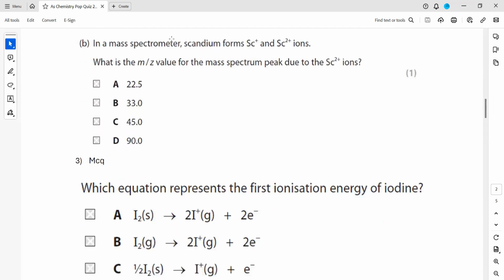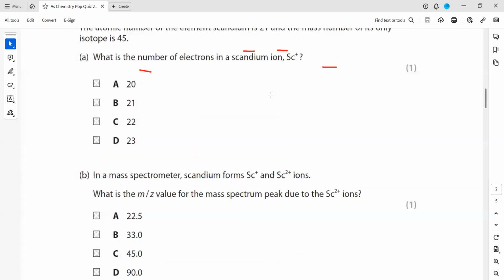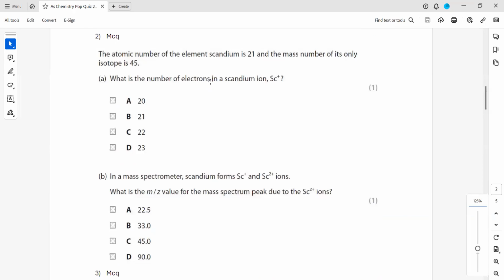In a mass spectrum of scandium +1 and +2 ions, what is the mass to charge ratio value due to the scandium +2 ion? So how can we work out the mass to charge ratio? The mass is given, 45.